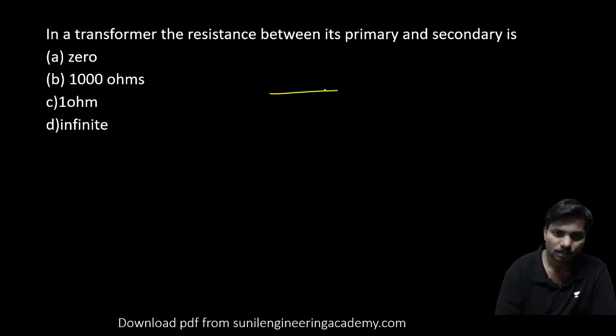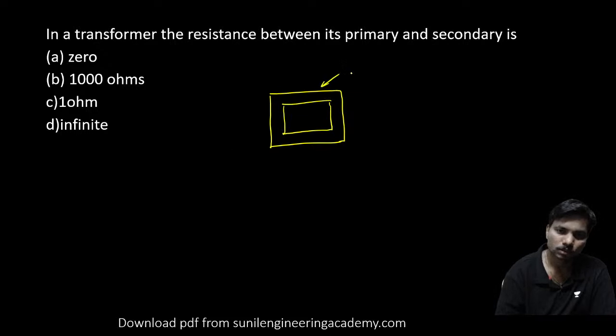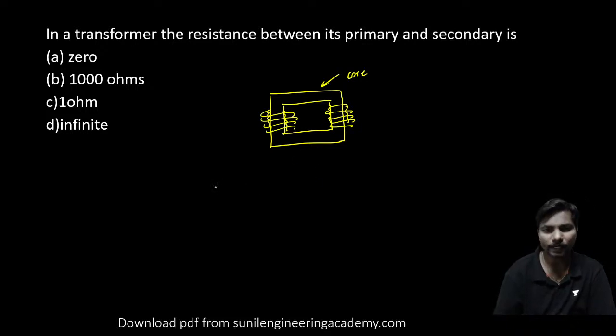We know very well that in a transformer, the two windings are electrically isolated. That means if it is a core, here is insulation, and upon the insulation you have one winding. Here also there is insulation, and upon the insulation you have the other winding. So the two windings are electrically isolated.